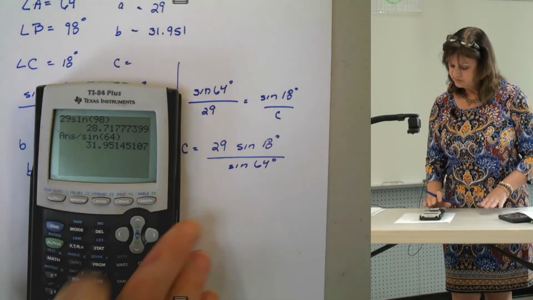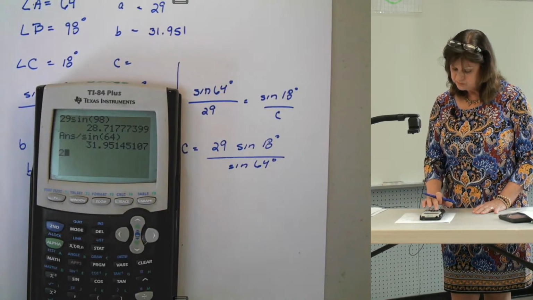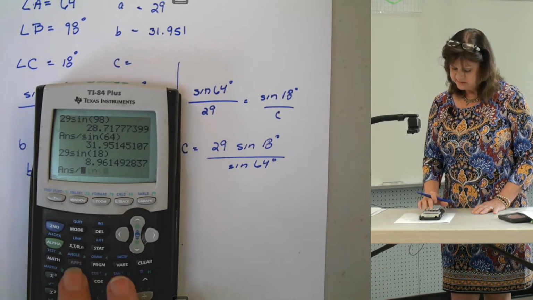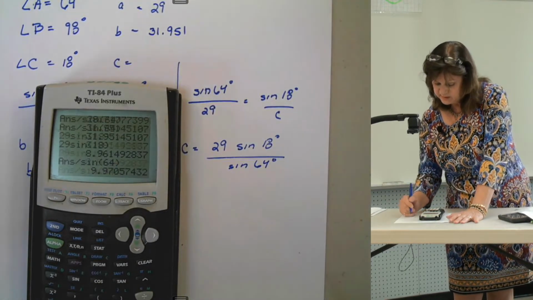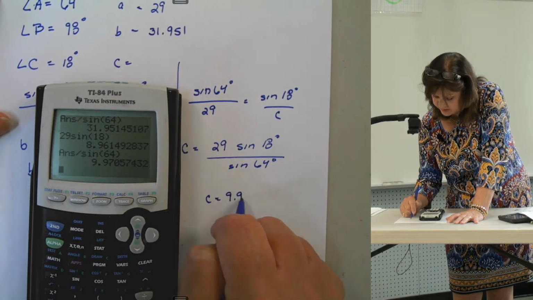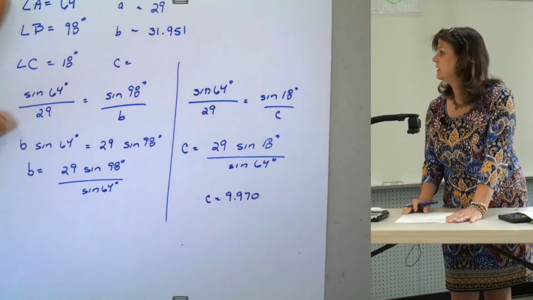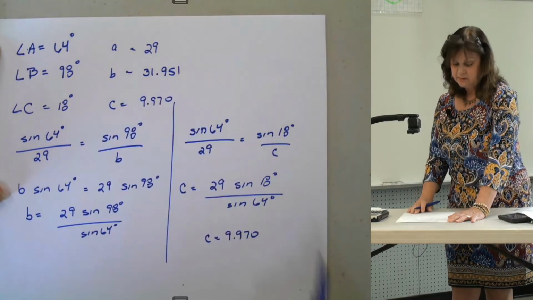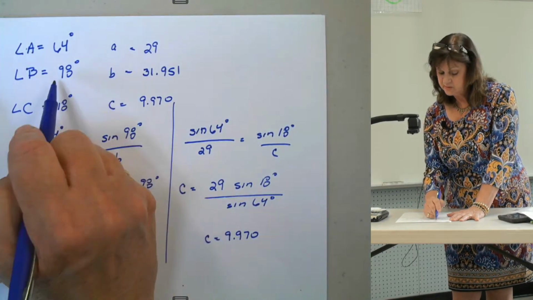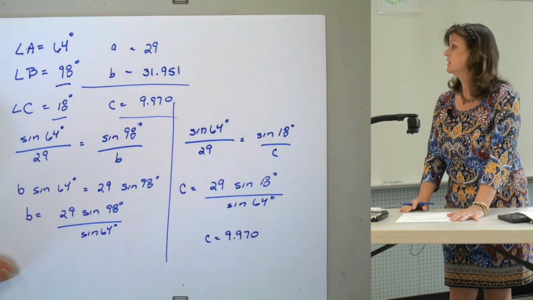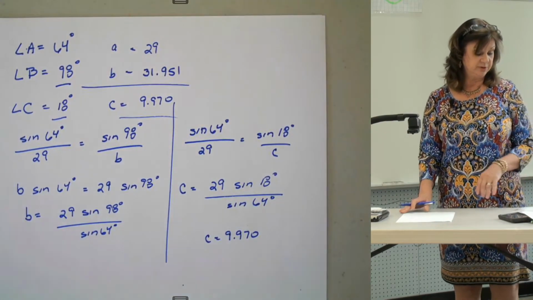So length C is 29 sine 18 divided by sine 64. Length C is 9.970, and let's see if that makes sense. Largest angle, longest length; smallest angle, smallest length. That all makes sense, and we're good to go.